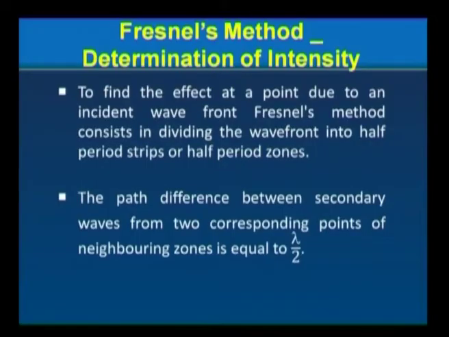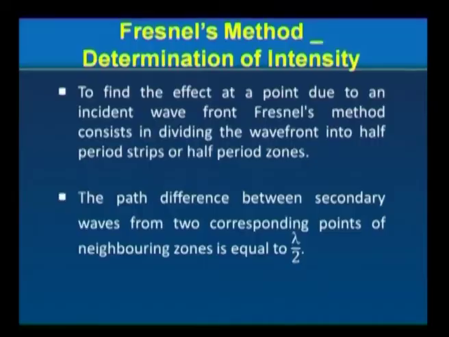We will start with Fresnel's method of determining the intensity at any point on the screen when light is coming from a source. You have got a source here, light is coming through a narrow aperture.